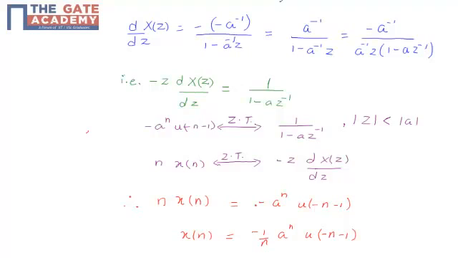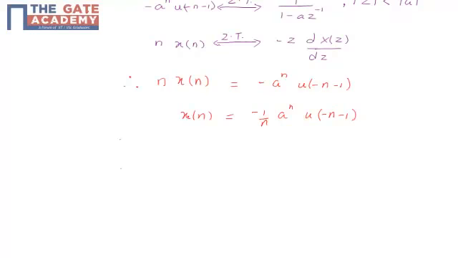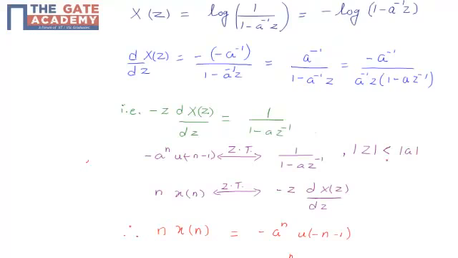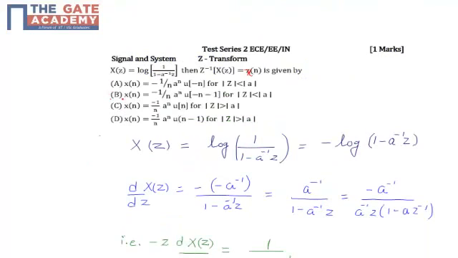Rearranging the terms, we get the final answer: x of n is equal to minus 1 by n a raised to n u of minus n minus 1 for the range mod of z less than mod of a. That is our option B. Yes, option B. Thank you.